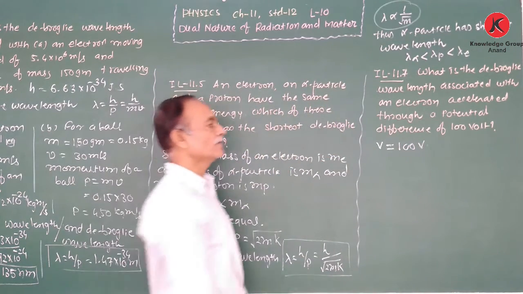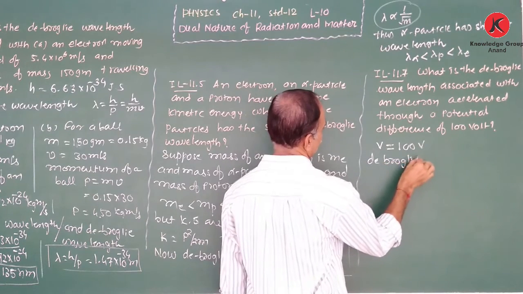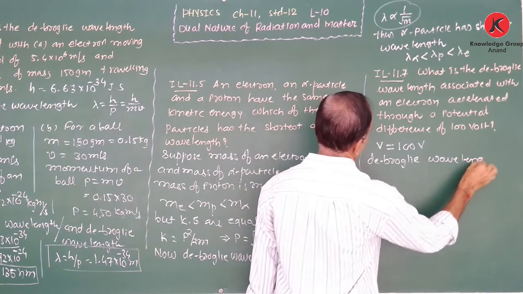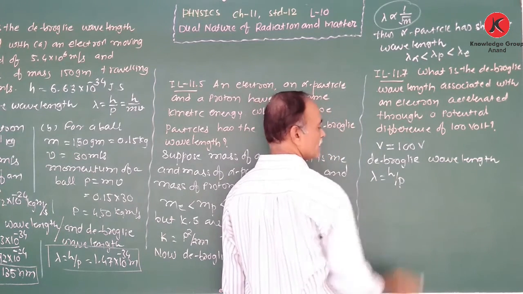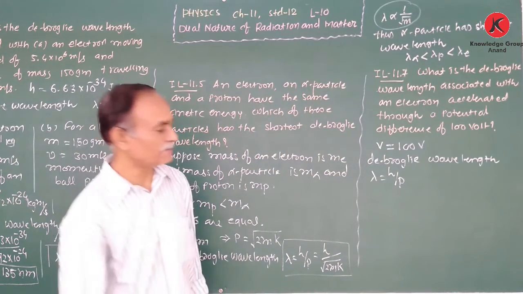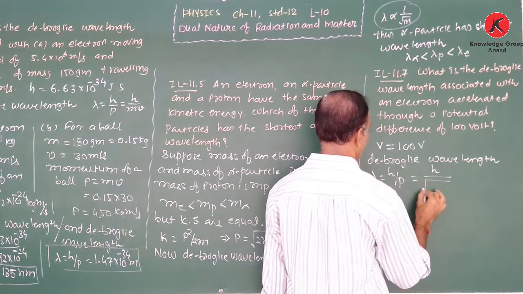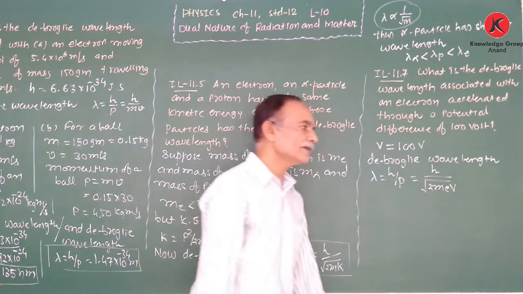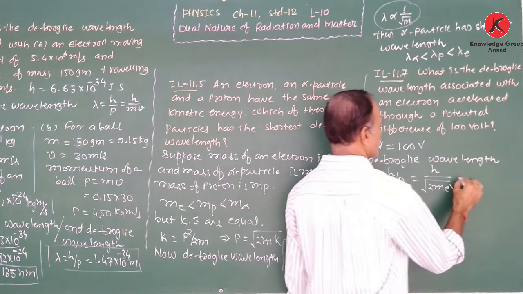Now, the equation of de Broglie wavelength is lambda is equal to h upon p. We have this equation from Davisson and Germer's experiment: lambda is equal to h upon under root of 2m eV.